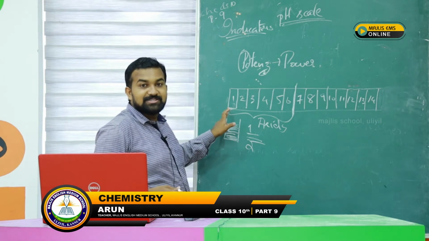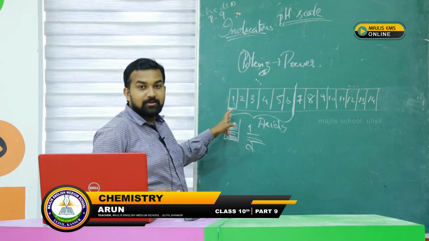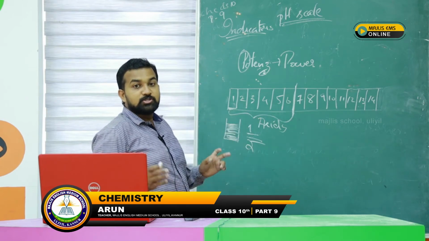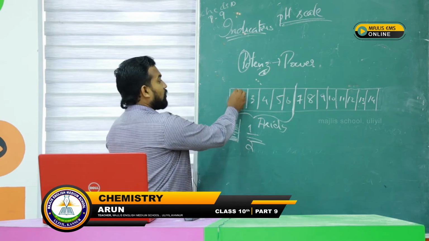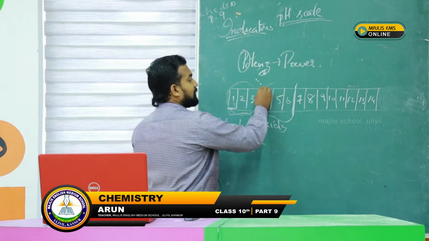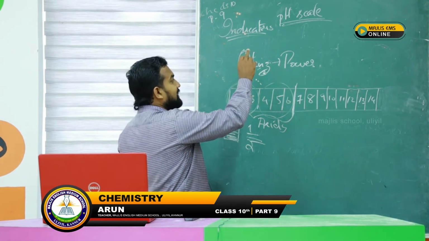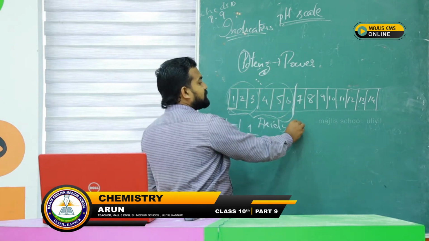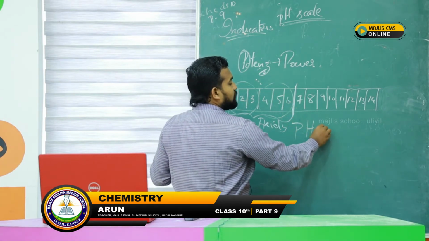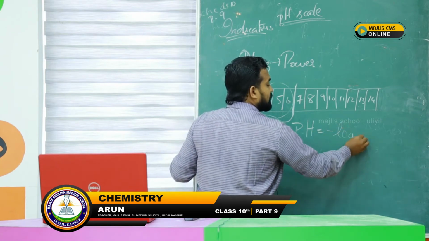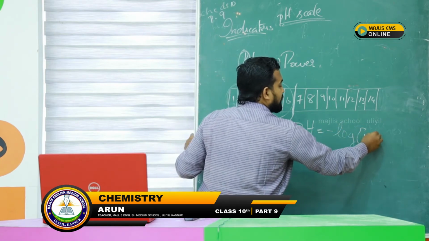The substance which has pH value 1 is stronger than the substance which has pH value 6. So stronger acid will be concentrated around here, weaker acid will be concentrated around here. Okay, and how are we getting this pH value? The pH value is got by the equation negative log H plus.